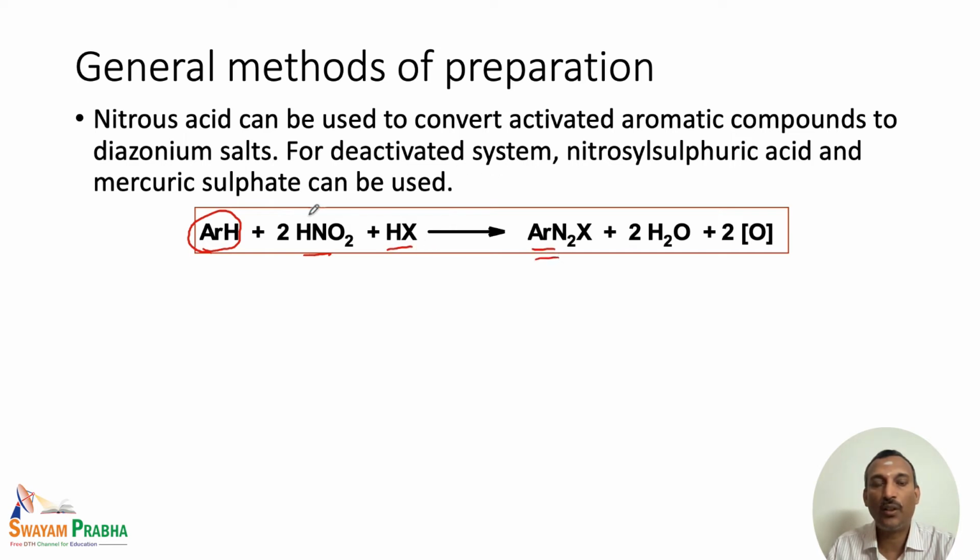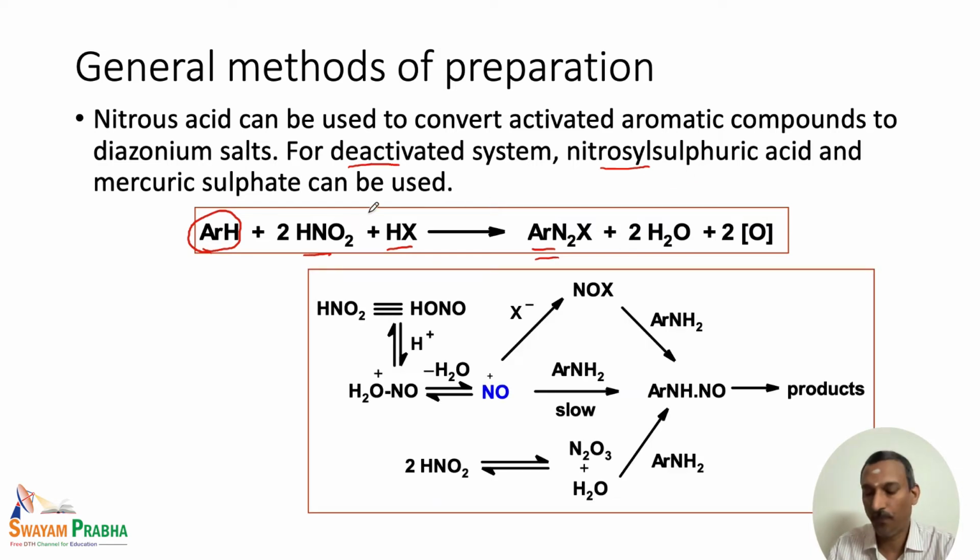This is generally applicable for activated aromatic systems. For deactivated aromatic systems, we have to use nitrosyl sulfuric acid, and mercuric sulfate can be used. So these are the different methods by which simple aromatic compounds can be converted to diazonium salts. How the reaction actually proceeds is explained in this particular scheme.